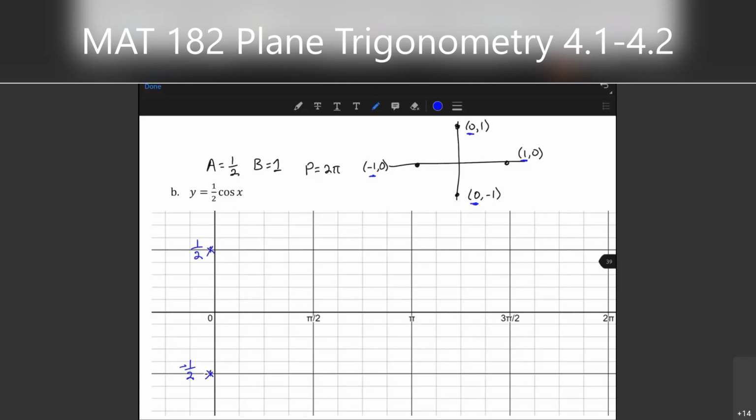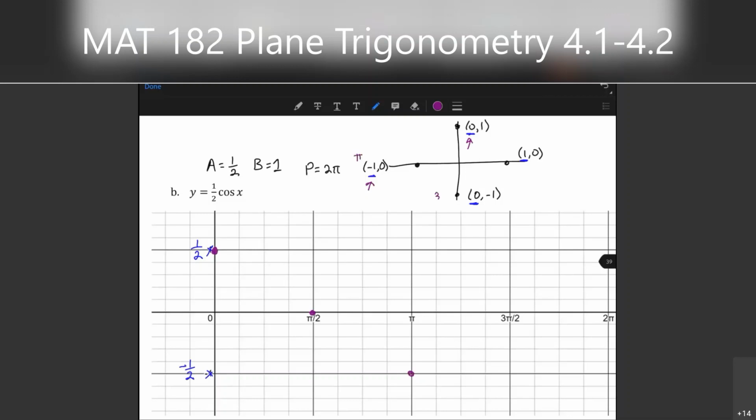And then we're just going to follow my x values around the unit circle. So my cosine function actually starts at whatever my amplitude is. So that would be starting at 1/2, then we go to 0 at pi over 2. And then we'll be down at negative 1, in this case negative 1/2, by pi units.